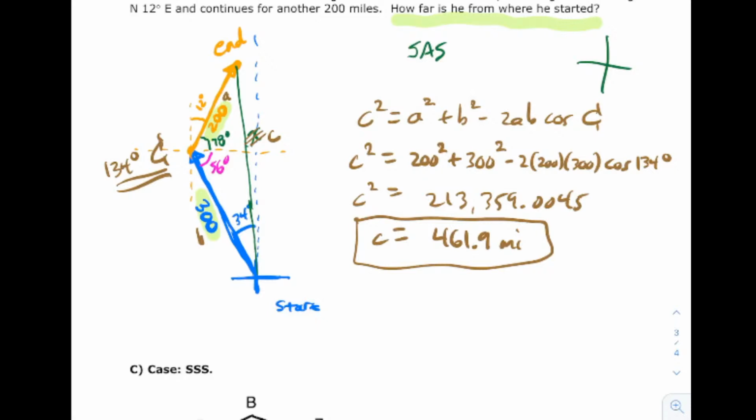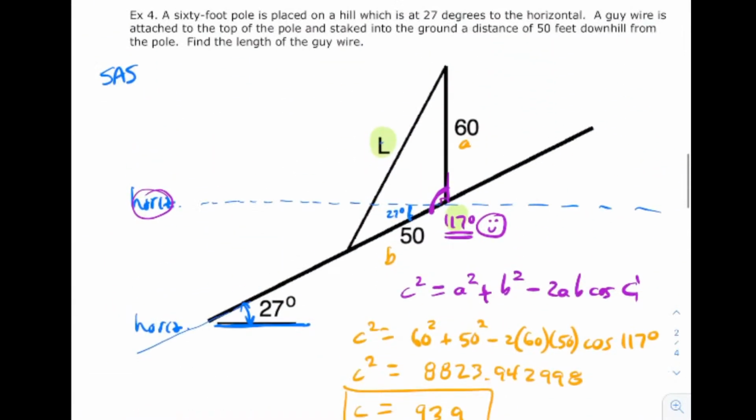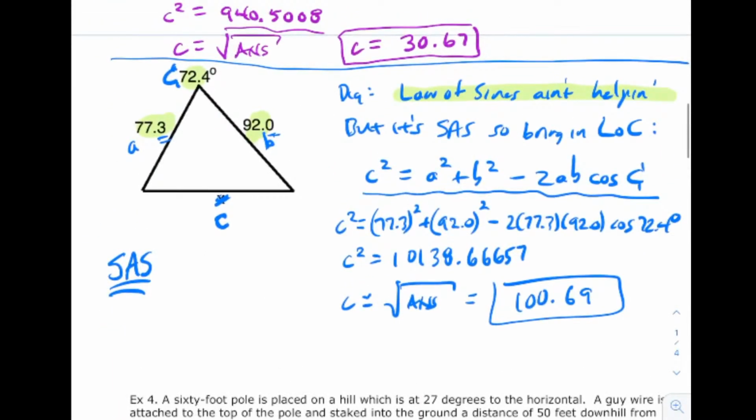So, part of the point I've been making this whole lecture is that law of cosines works really great for side angle side situations. As I pointed out before, sometimes you know that you need to try the law of cosines because you get stuck. There's nothing else you can do. You can try the law of sines. That's how I solve these triangles.